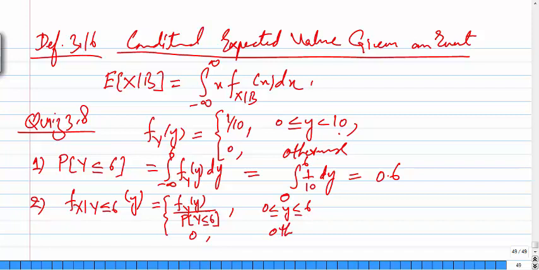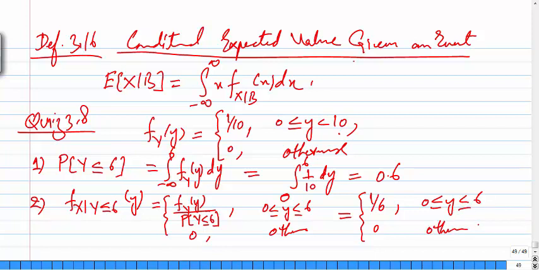So just plug in the values and divide by 0.6, and the PDF of Y is 1 by 10, so it becomes 1 by 6 when we are in the range of 0 to 6, and 0 otherwise.